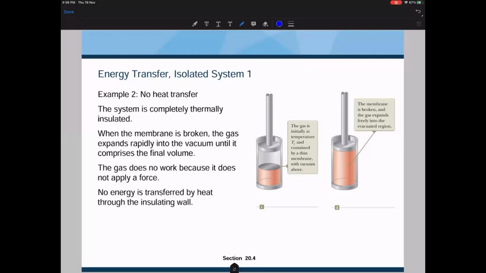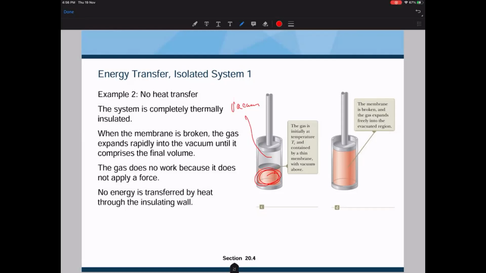And here, you have the gas originally occupying the lower part of the cylinder, and there is a thin membrane between the lower part and the upper part of the cylinder. The upper part of the cylinder is vacuum, which means no gas in the upper part. When there are no gas molecules, there's no pressure on the upper part.